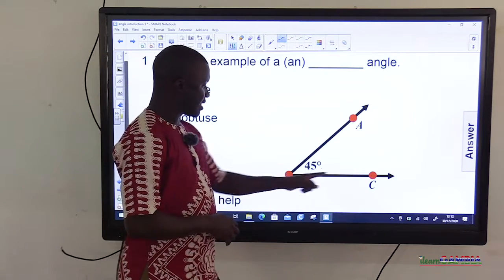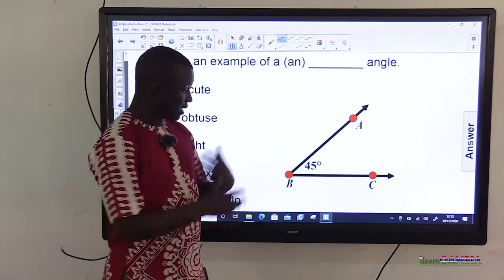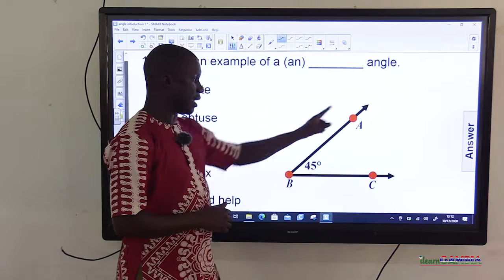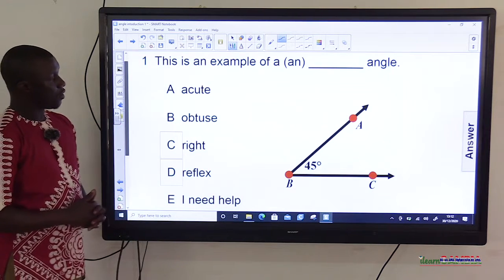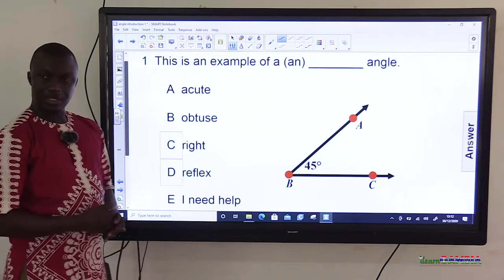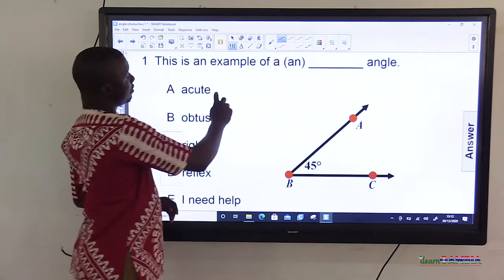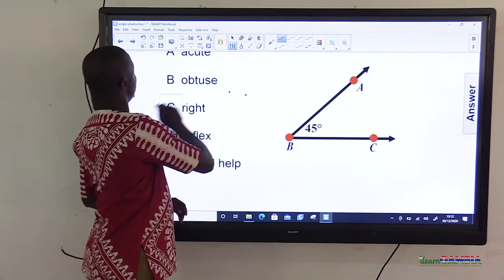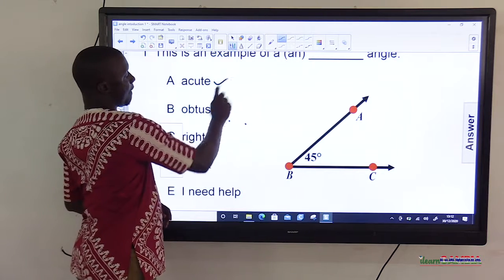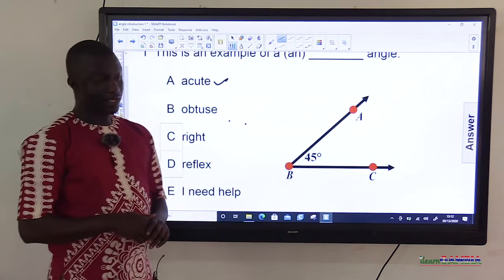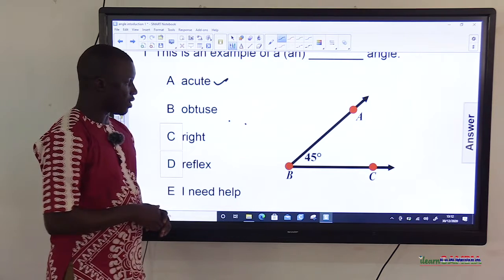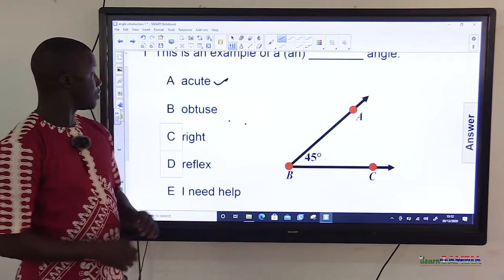Angle ABC is 45, or you can say angle CBA is a 45 degrees angle. So we therefore conclude that this is an acute angle, because it is more than 0 but less than 90, so it falls in the category of acute angles.